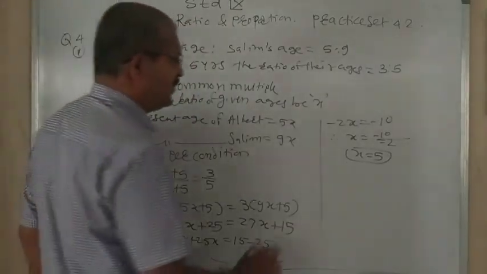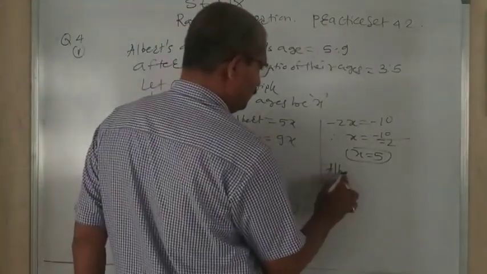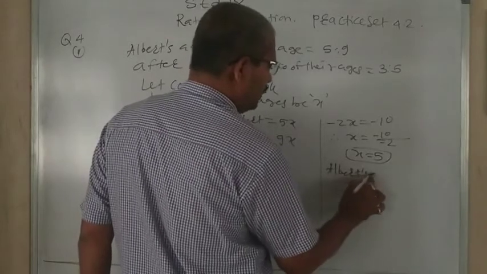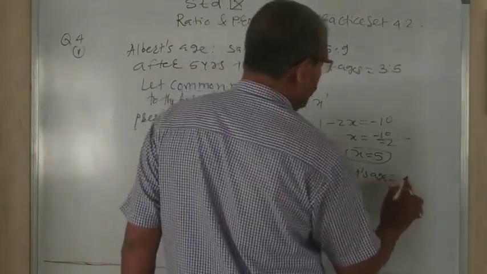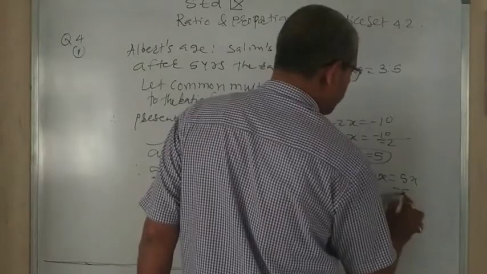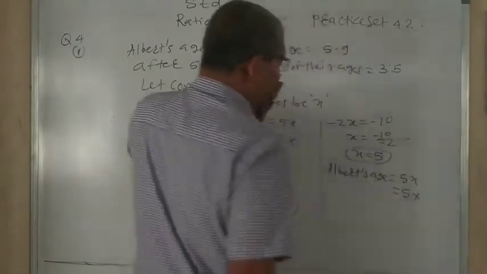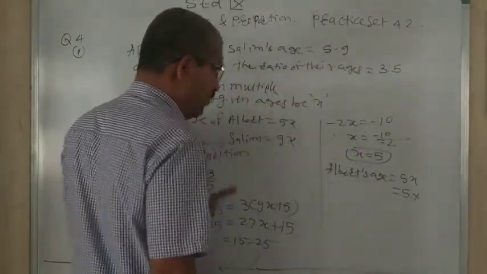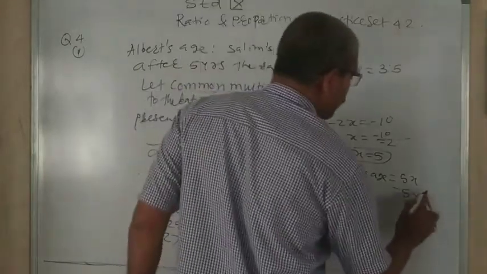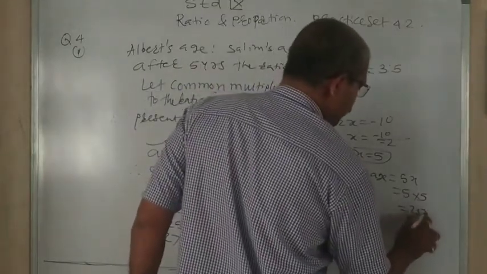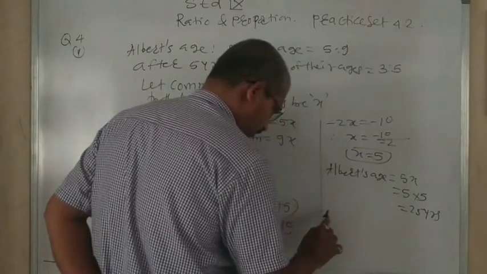Now Albert's age is equal to 5x, means 5 into 5, 25 years.